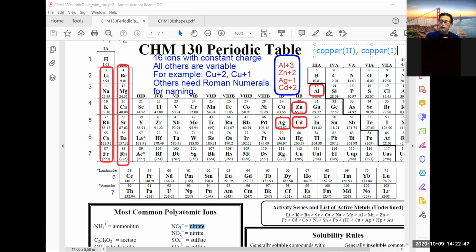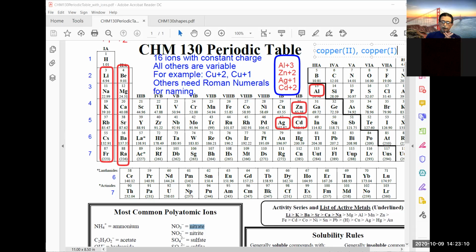Copper 2 has a blue color. Copper 1 has a kind of greenish tinge. Totally different properties, but we need to distinguish them. The old way of naming these, we used to call them cupric and cuprous, and it was very ambiguous.